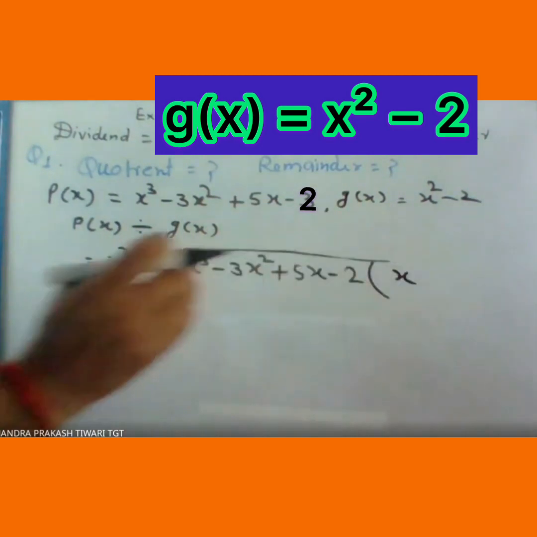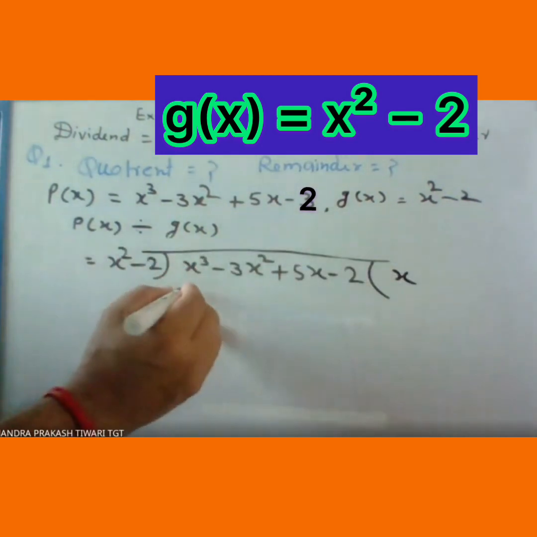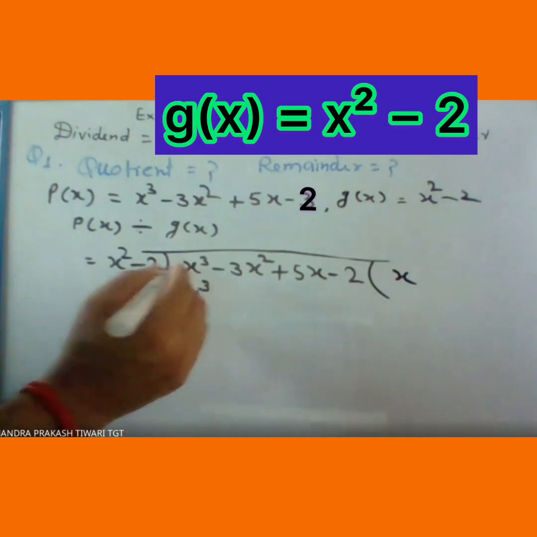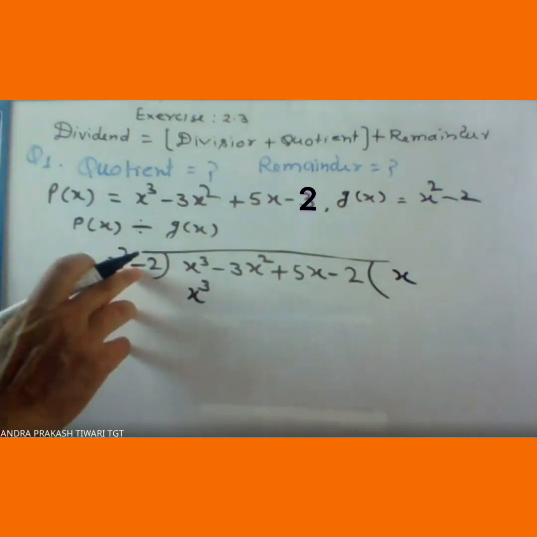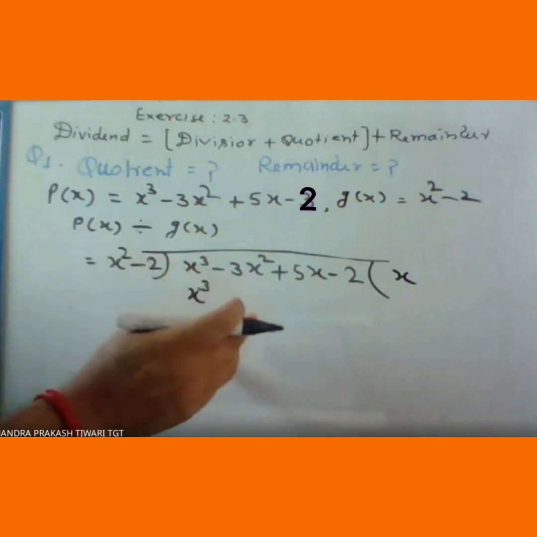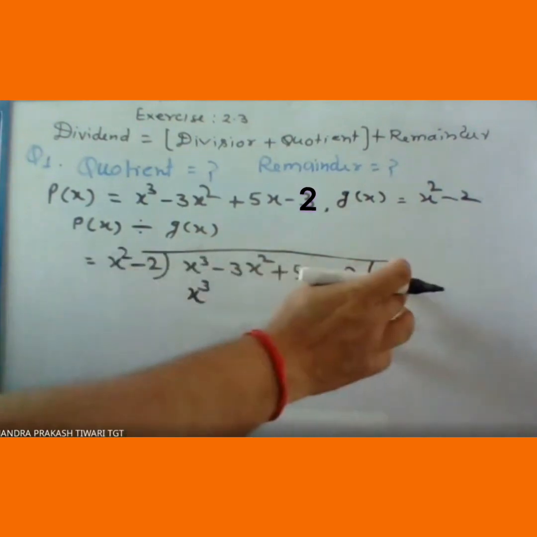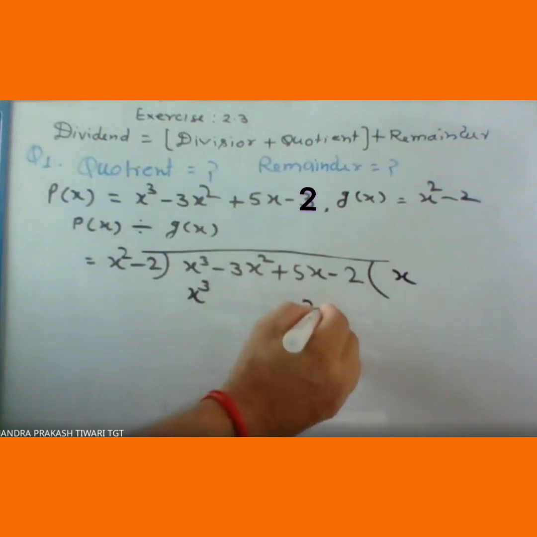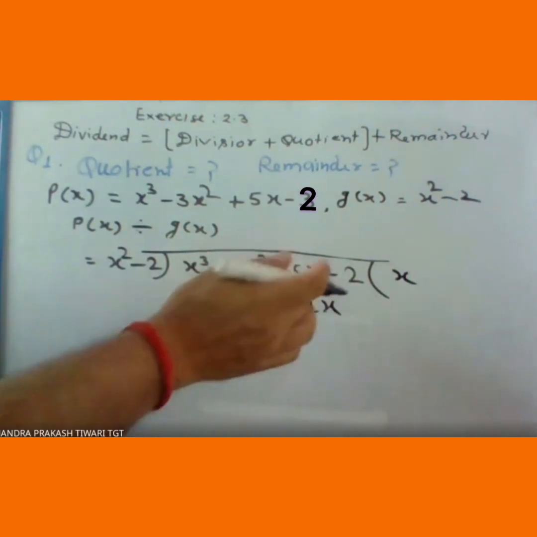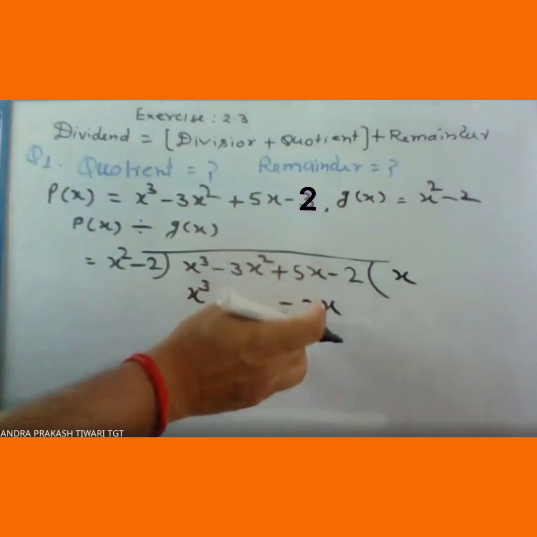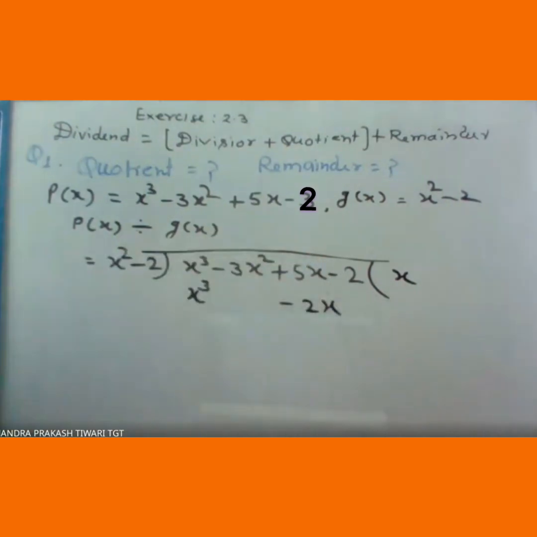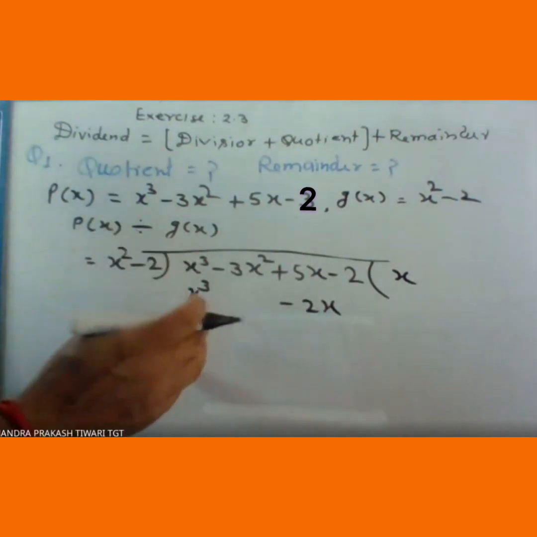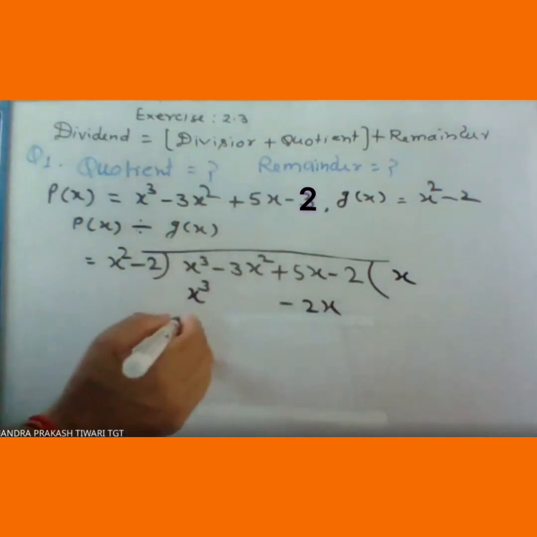Now x into x square, you will get x cube. After that, when you multiply x by minus 2, you will get minus 2x, and with the sign minus, you will write this 2x just below the term which has degree 1, meaning you will write the like terms matching.